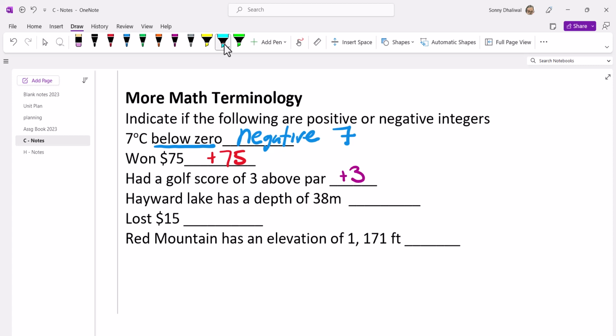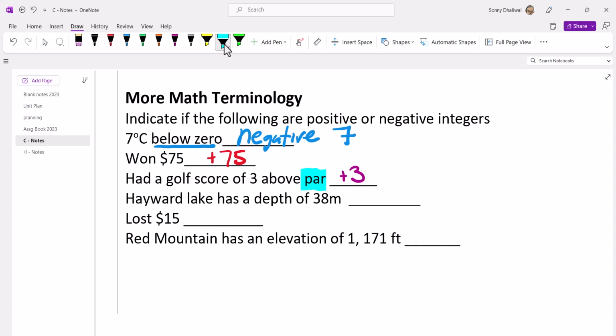So in golf, a par is considered a score of 0. If you go to a golf course, you try to do a hole, and they'll give you a rating on the hole. They'll say, this hole is a par 3 or a par 4. What that means is it should take you 3 hits, if it's a par 3, to get the ball in the hole.